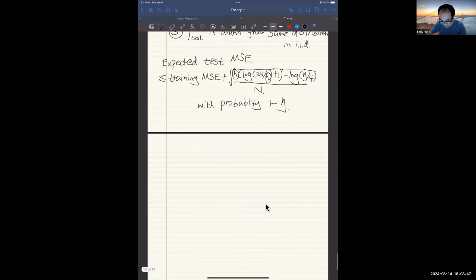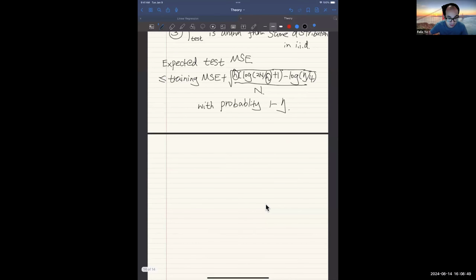Let me write this down carefully. If H is very large, that means we are working with very flexible, very complicated models, which are likely to overfit.